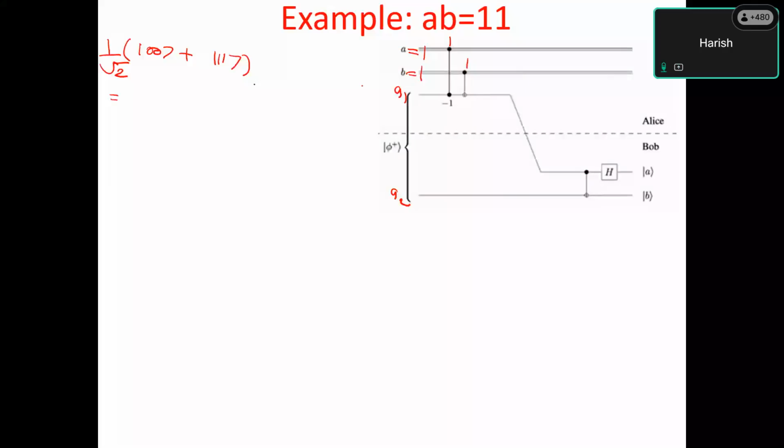So Z gate, you remember, it changes from 1 to -1. So this is your first qubit. Applying Z gate on 0, it will remain the same, but here it will become -1. So NOT gate on the first qubit. So what will it become?